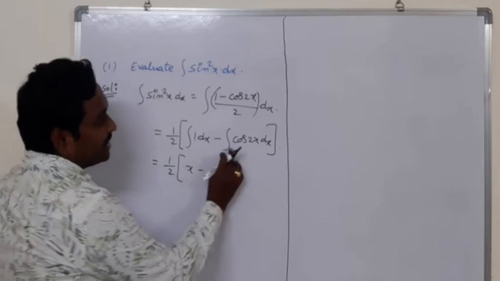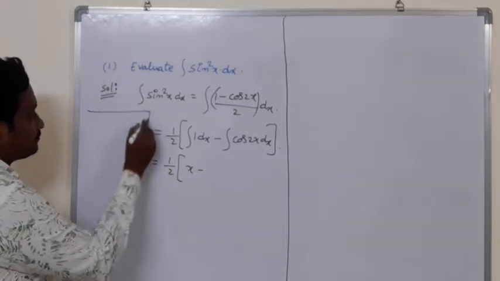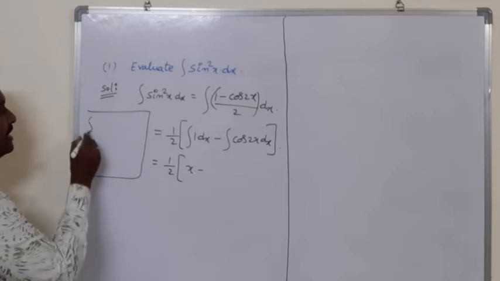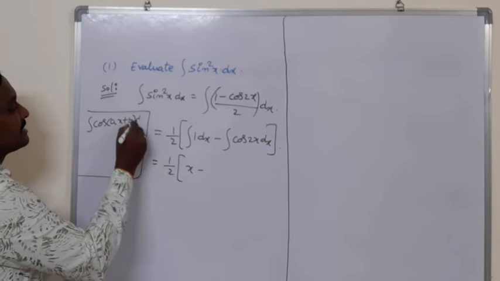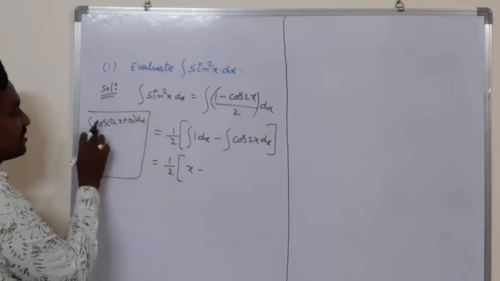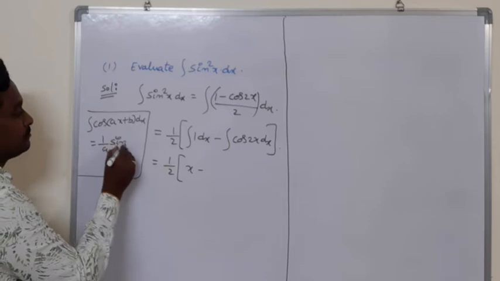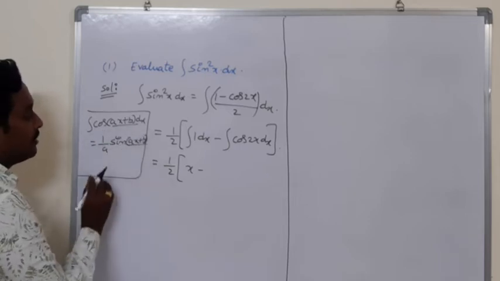Now what about integration of cos 2x? Already we have the formula. Integration of cos of (ax plus b) dx is equal to 1 by a sin (ax plus b). Write the similar angle here.